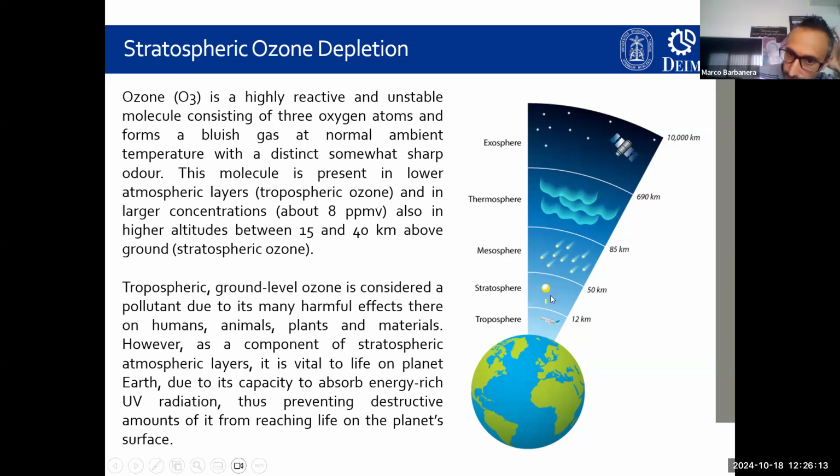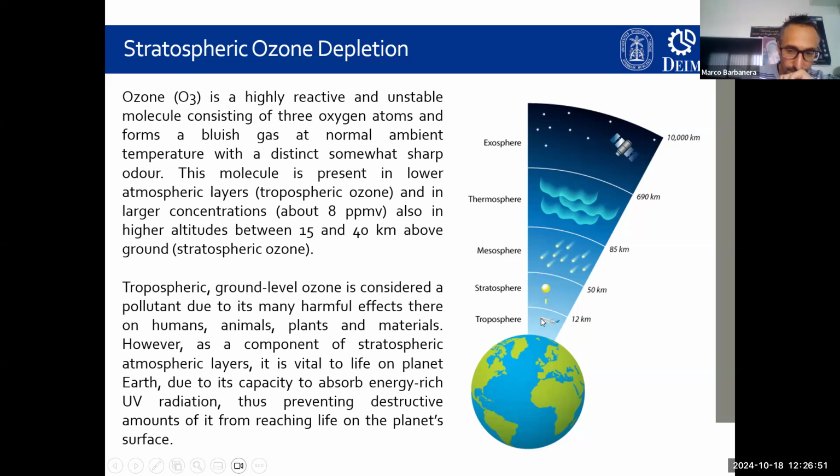This is the situation. But we can say that ozone is considered a pollutant in the troposphere. Instead, in the stratosphere, ozone is useful for life on the planet.